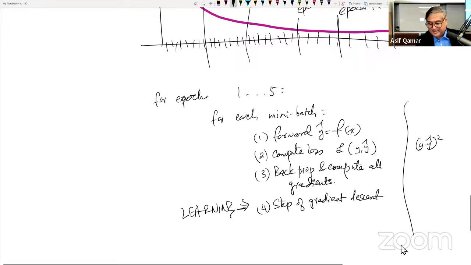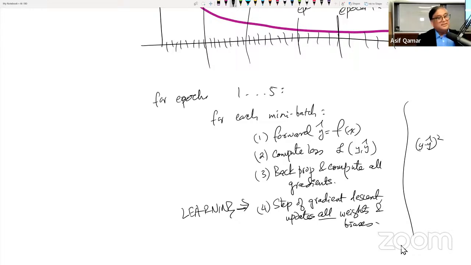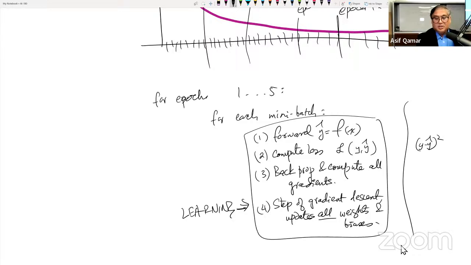This step of gradient descent updates all weights and biases. So this is the inner core of a double for loop. Does that make sense, guys? It is the inner core of a double for loop that you are locked in.